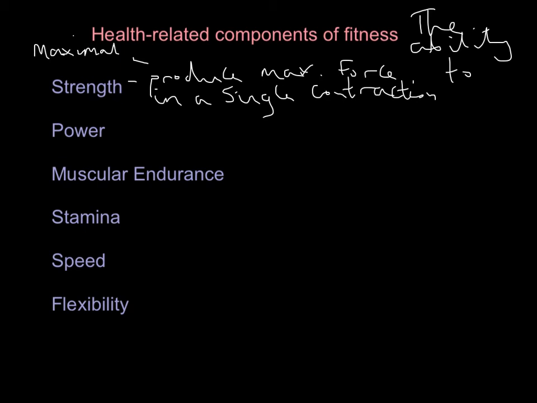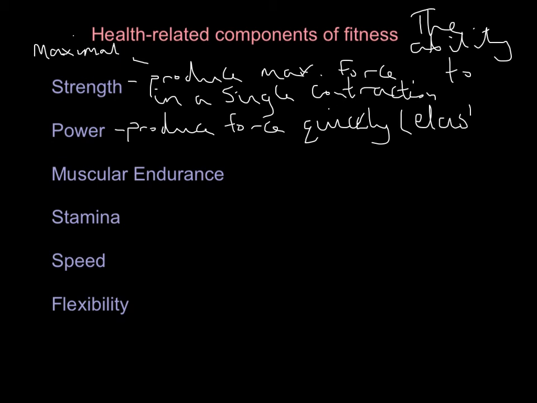Now, why have I put them in this order? Because technically, although it's different, power, again, is the ability to produce force quickly. Now, you will know it, probably for those of you that did GCSE, as speed times strength. Now, this is another form of strength known as elastic strength.